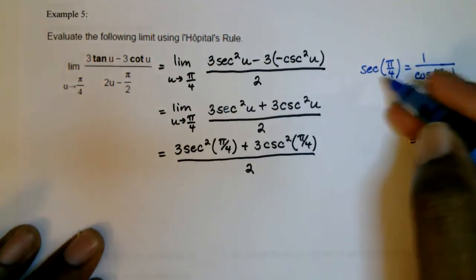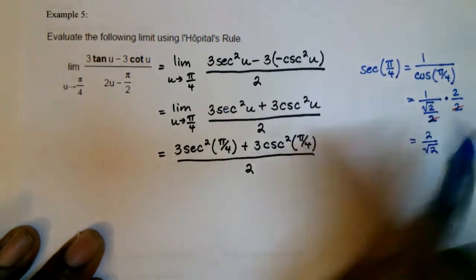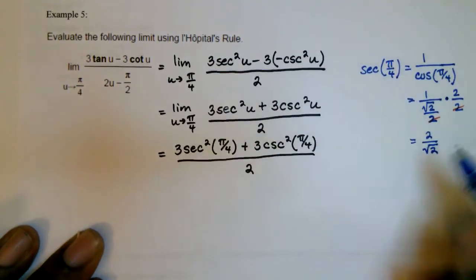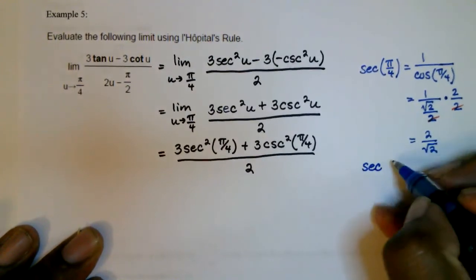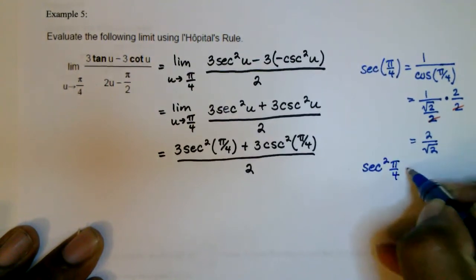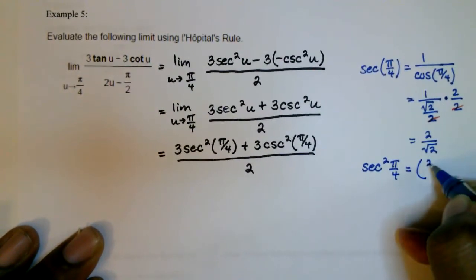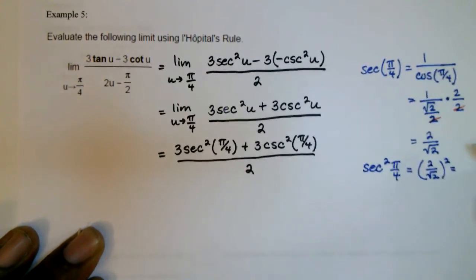Since the secant of pi over 4 is equal to 2 over the square root of 2, I want secant squared of pi over 4. All I have to do there is take the value of the secant of pi over 4 and square it. So this will be 2 over the square root of 2, and I'm going to square it.